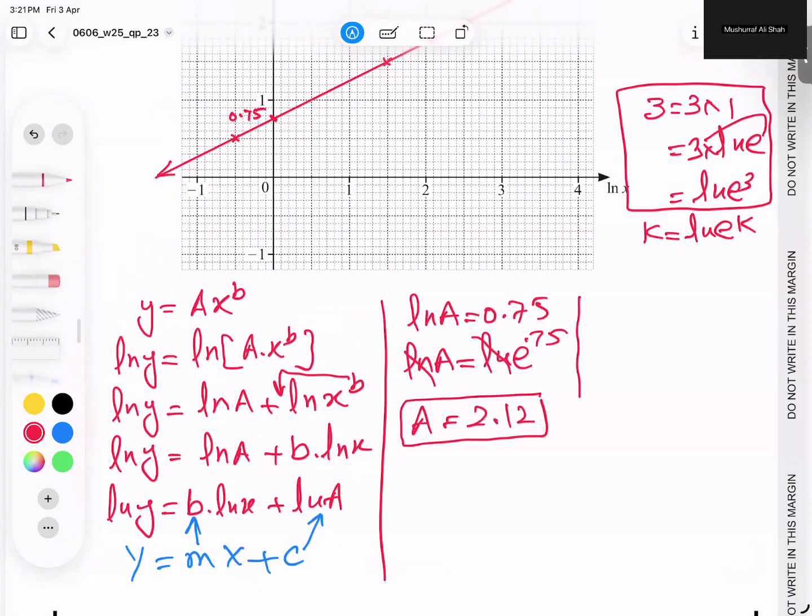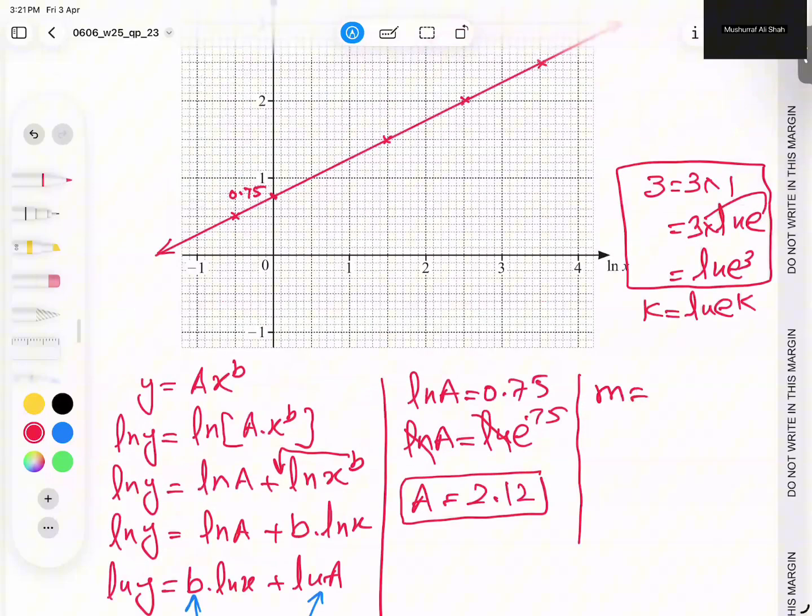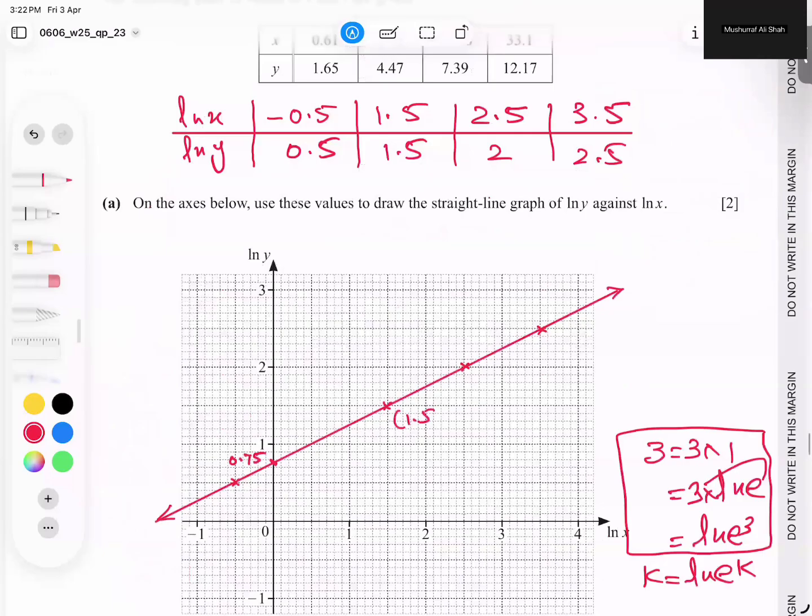Now, students, I will get the gradient. Take any two points from the top and find the gradient. I'm taking these two. What are the coordinates, students? 1.5 and 1.5. So I'm finding y2 minus y1 over x2 minus x1.